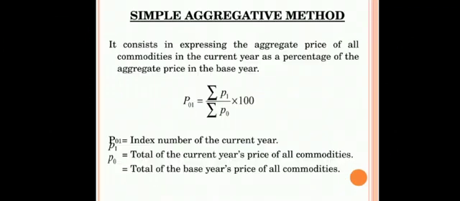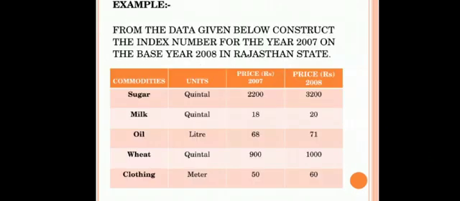The simple aggregative method consists in expressing the aggregate price of all commodities in the current year as a percentage of the aggregate price in the base year. P01 is the index number of the current year, P1 is the total current year price of all commodities, and P0 is the total base year price of all commodities.